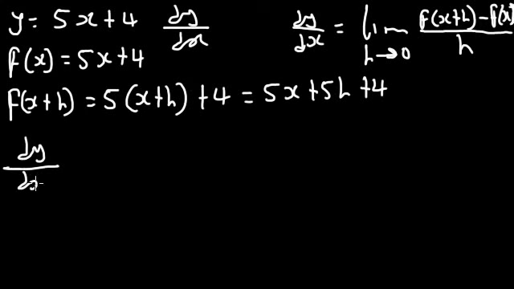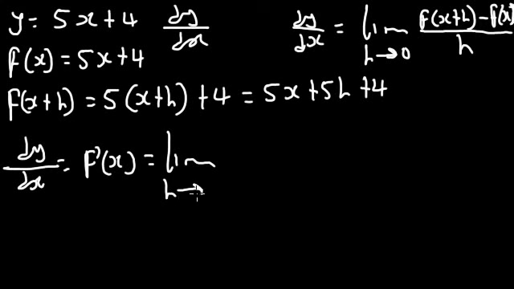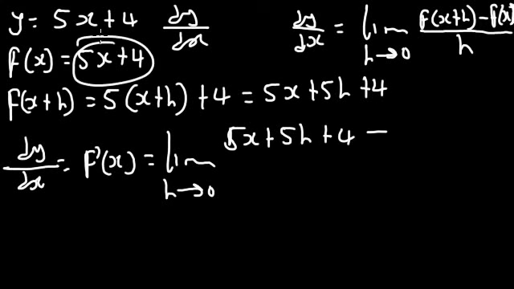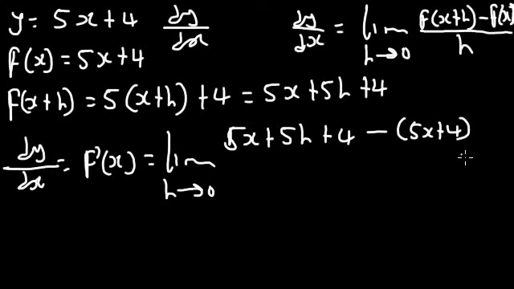So the dy/dx, which is equal to f prime of x, will now be equal to the limit as h approaches 0. Then we have 5x plus 5h plus 4, then minus f of x. This is f of x, okay? That's 5x plus 4. Since it's a binomial, let's put it in a bracket, so the negative can take it, then all divided by h.